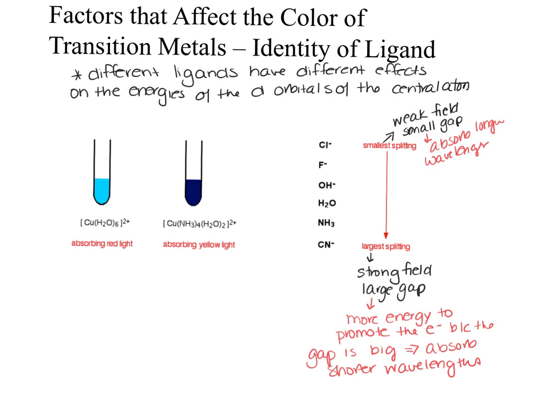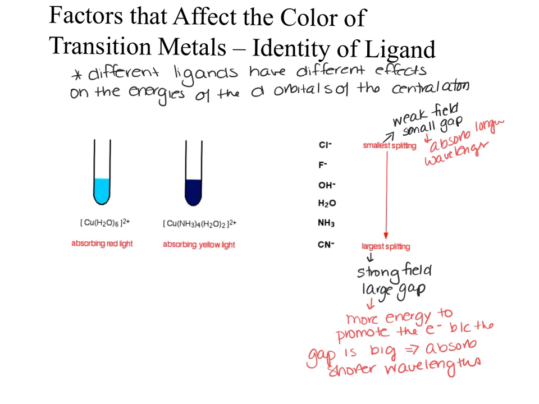As you go down, we'll have a shift from longer wavelengths like red to orange to yellow to green to blues and so on. Now, the exact color depends on what the metal is. But let's just look at these two.